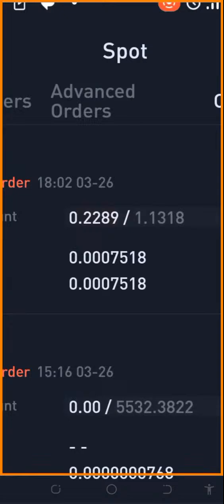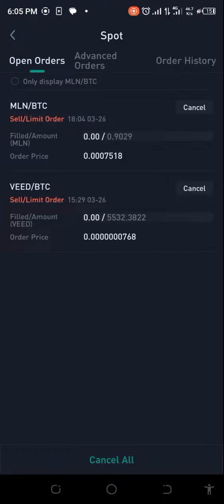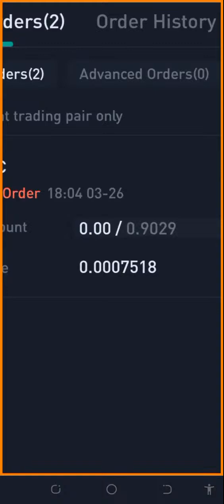We had 0.2289 that we got out of this particular amount. So that's why what we were left with was 0.9. Let's see the open orders. Okay, so here we are, currently in the queue and trying to see whether we can get this sold.